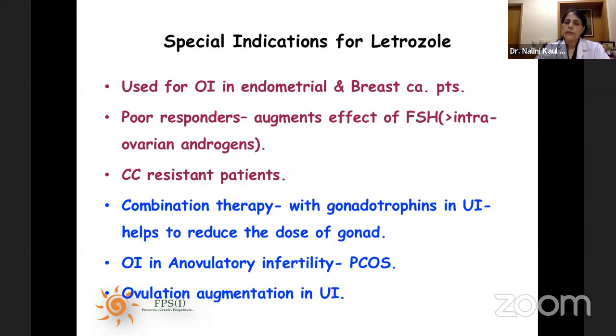Either you're doing ovulation induction there, which is a bit rare, but you may be doing a frozen embryo transfer, and then it's best to actually induce ovulation with letrozole, keep the estradiol levels low, and you can do the transfer without putting the patient at too much risk of giving her high steroids in the form of estrogen and progesterone replacement. In poor responders, because it increases intraovarian androgen, it augments the effects of FSH, and of course, CC-resistant patients and the others, the anovulatory and ovulation augmentation, and that stands true for the other agents as well.